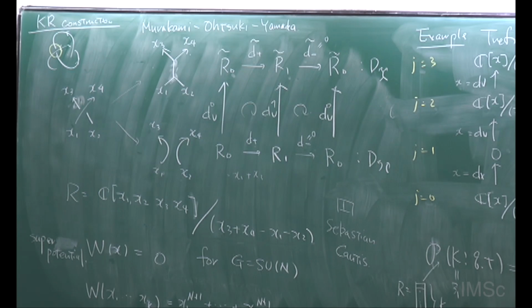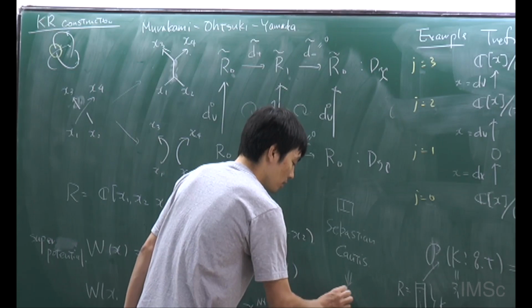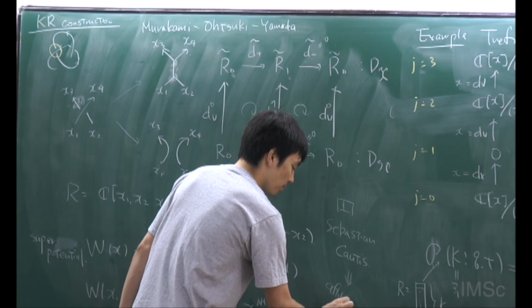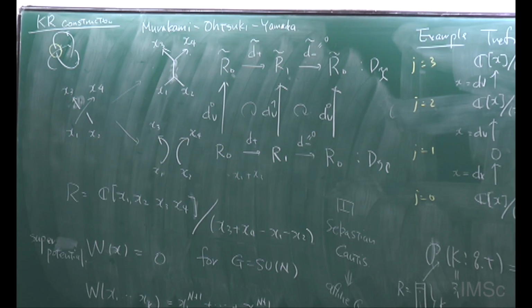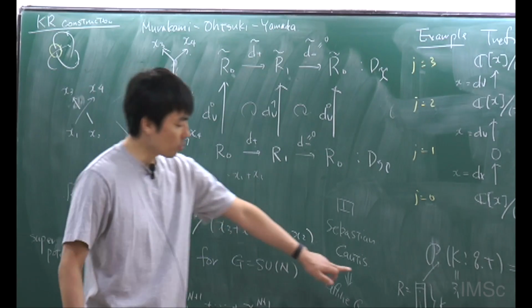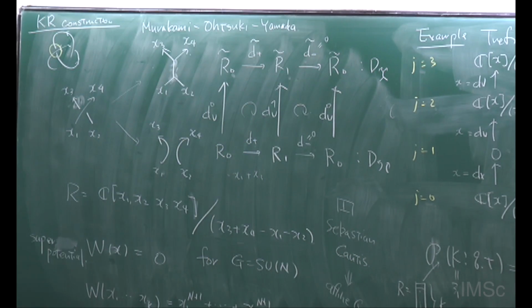I think his method is related to the affine Grassmannian, which is the infinite dimensional analog of the Grassmannian. So that's the status of knot homology. Nowadays there are many constructions known, at least when R is the fundamental representation, without relying on matrix factorization.